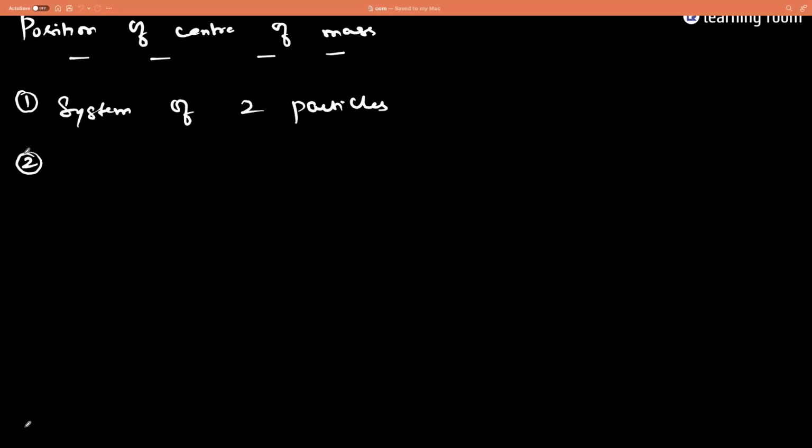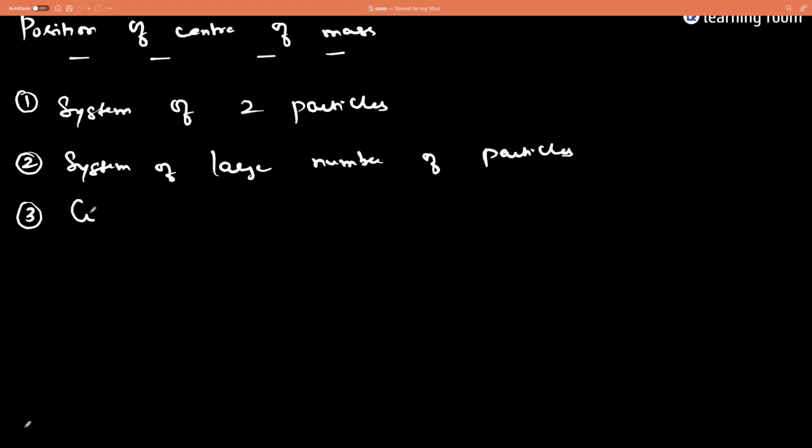Second, we can define it with a system of a large number of particles. And third, we can define it with respect to continuous bodies. Continuous bodies are also called extended objects.